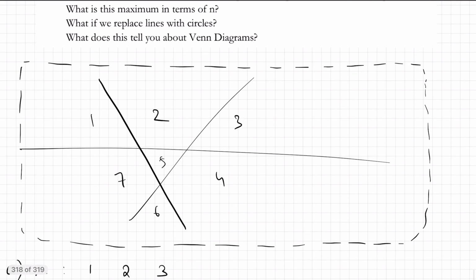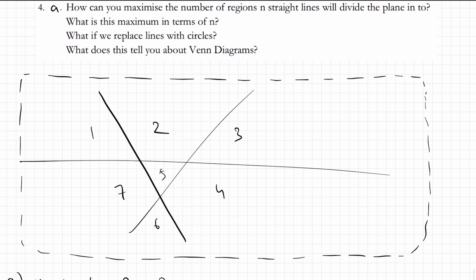So maybe I can explain this. How can it do that? Well, okay, so let's say we have n as 4. If we add in a 4th line, let's say we did it over here.